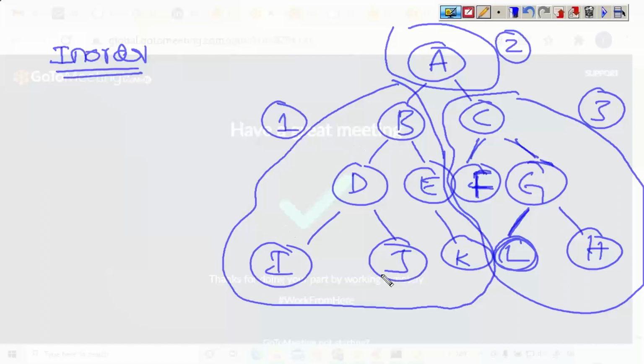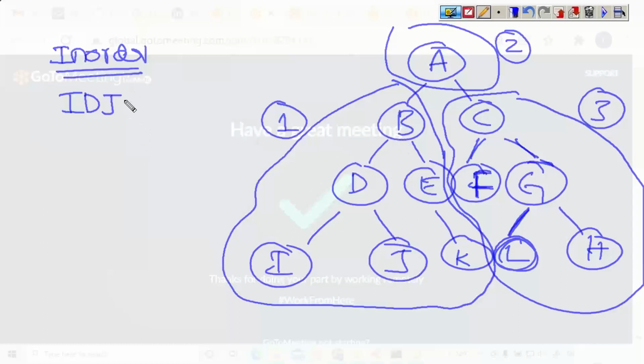In-order: first it is starting left side. In the left side again, B is the root. For a B, what is the left side? D, I and J. First left side has to go. So for D, again it is a root for I and J. I is the starting one, then D, then J. So left side completely got over.